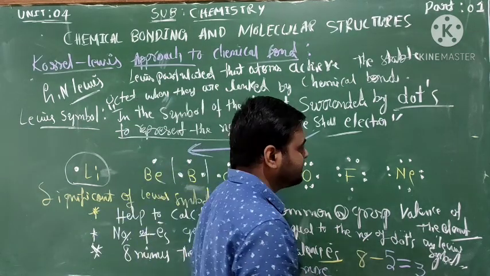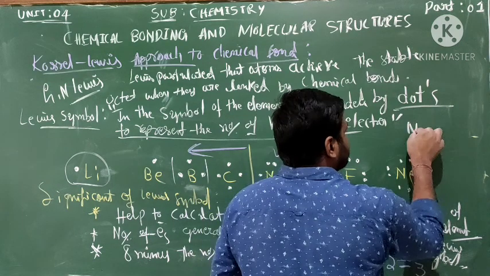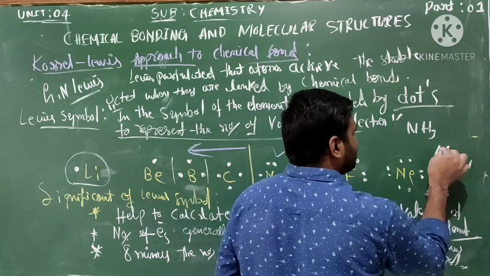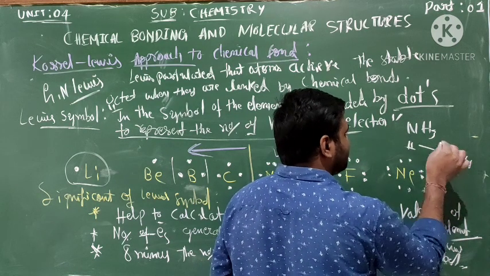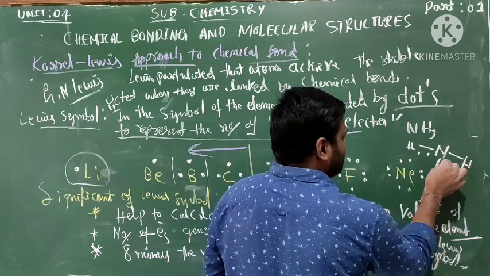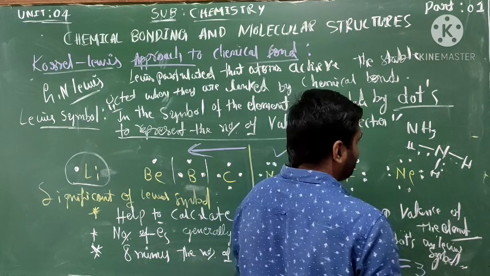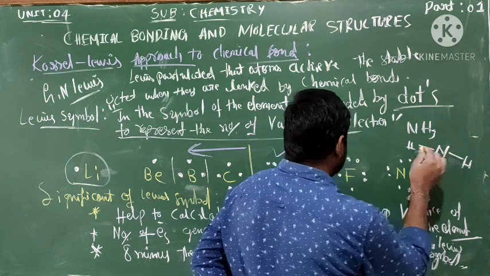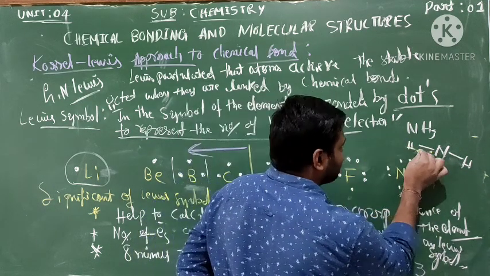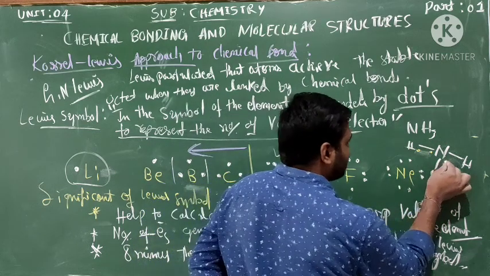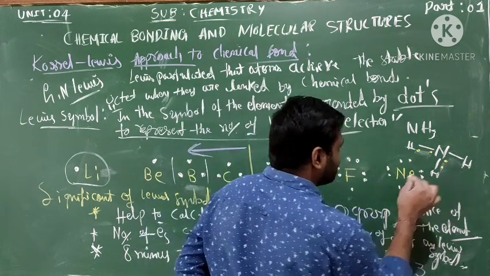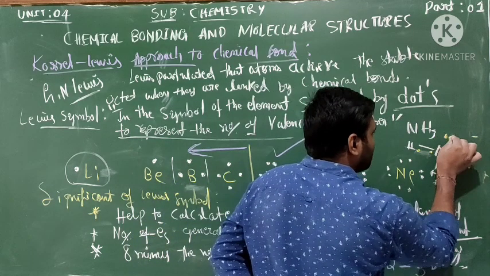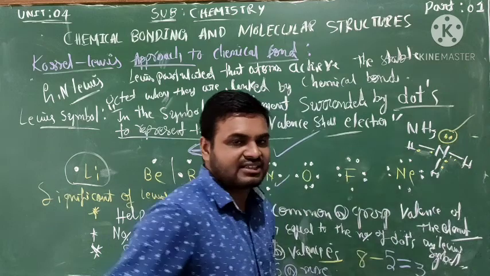For example, consider ammonia, NH3. For N, the bond capacity is 3: hydrogen, hydrogen, hydrogen, 1 each. Nitrogen shares one electron with each hydrogen, and the same for the others. But the remaining 2 are what we call a lone pair of electrons.